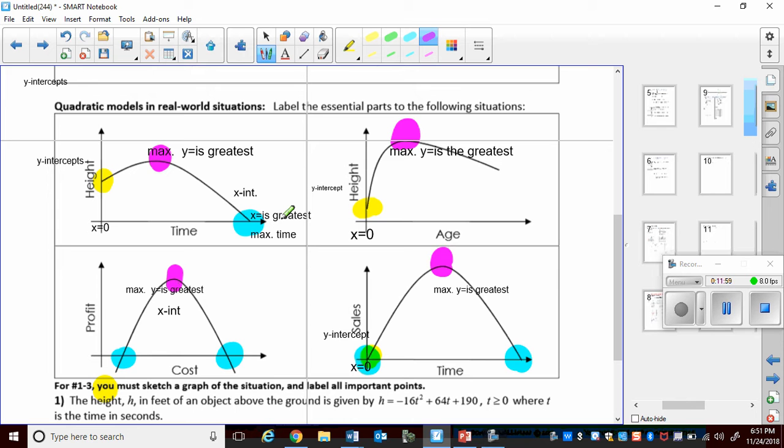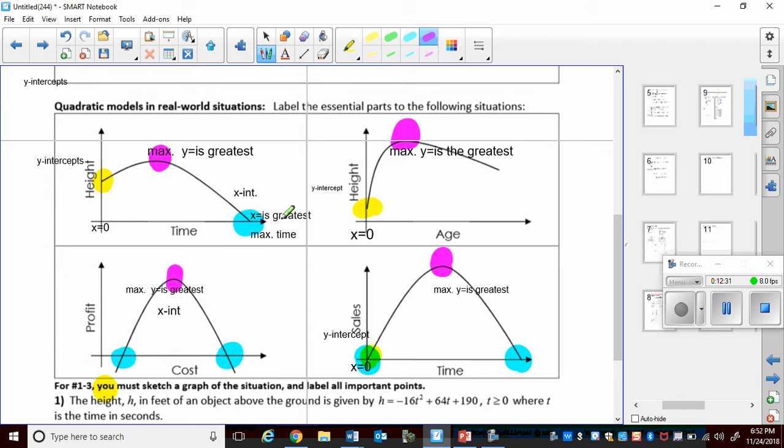This is because as we get older, we typically shrink in very small increments. And then there is no x-intercept because, unfortunately, human beings die. At that point, the graph cuts off at the age that the average human being dies. So we don't have an x-intercept in graph number 2.